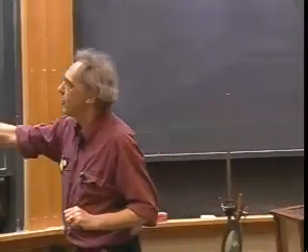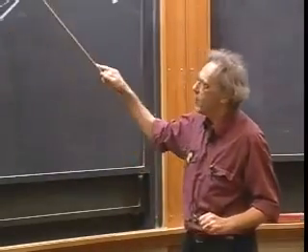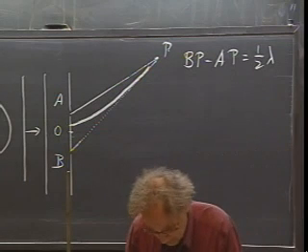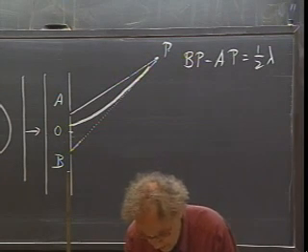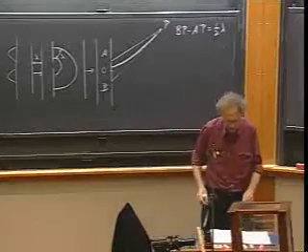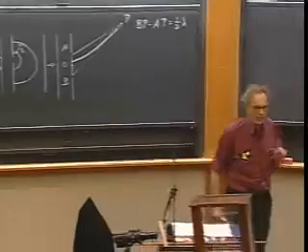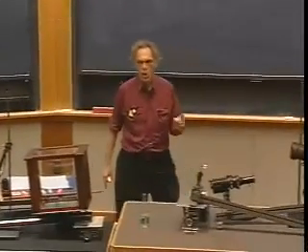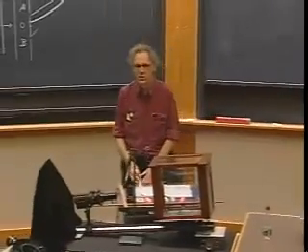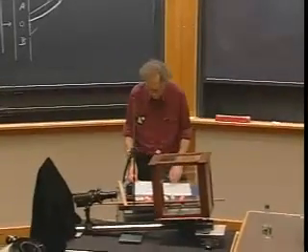So you will get a hyperboloidal surface, and everywhere on that surface, BP minus AP would then be 1/2 lambda. And then you would get the amazing consequence that light plus light would give darkness, destructive interference. Tomatoes don't do that. One tomato on top of another tomato does not give no tomato. That is distinctly different from particles.